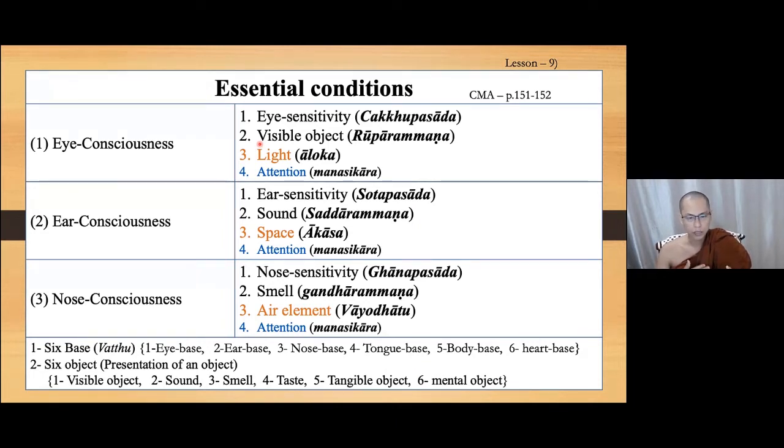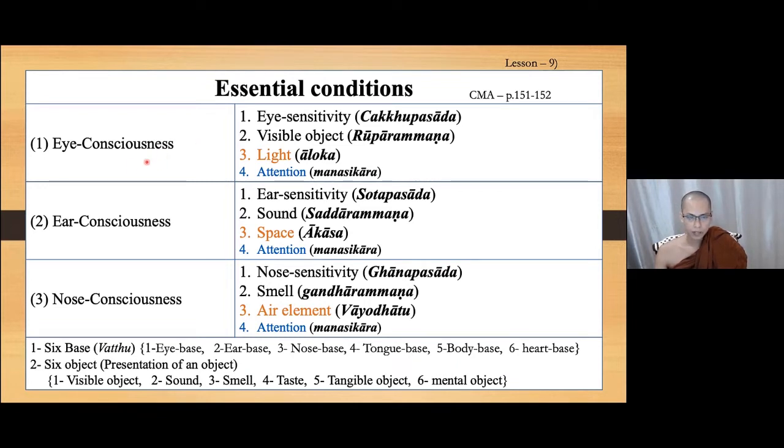That is why in chapter 3, we already studied that the object of eye consciousness is the present visible form. So here the visible form must be present. When both of them, the pasada, the sensitivity, and the object, are materialities, these two materialities, by the support of the other conditions, cause the consciousness to arise.